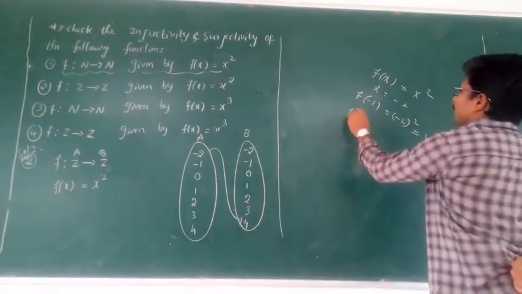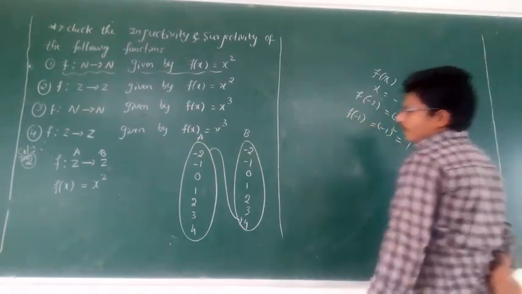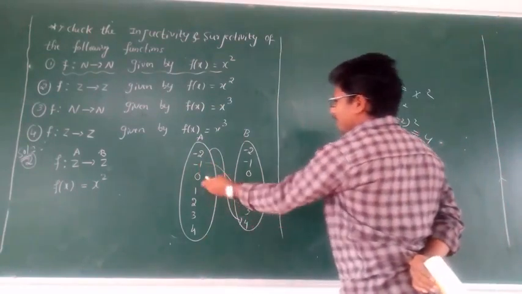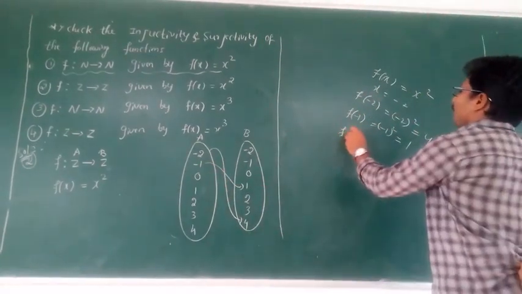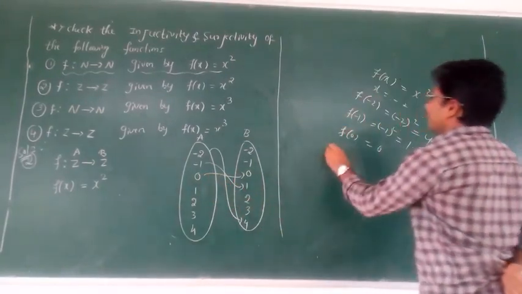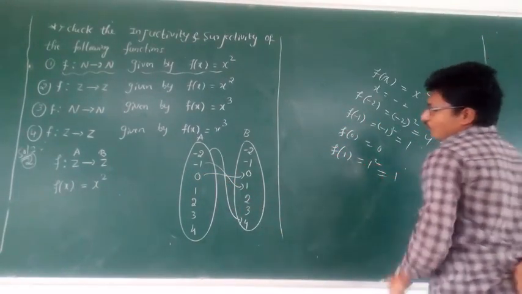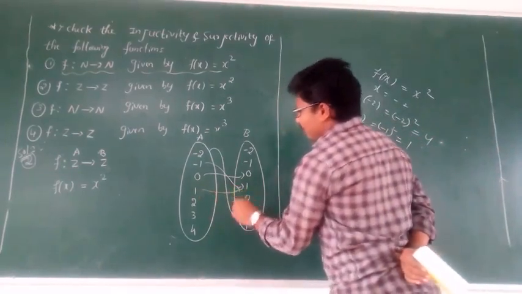Minus 1: minus 1 whole square is equal to 1, so minus 1 is connected with 1. f of 0 is equal to 0, 0 is connected with 0. Put 1: 1 square is equal to 1, 1 is again directly connected with 1.